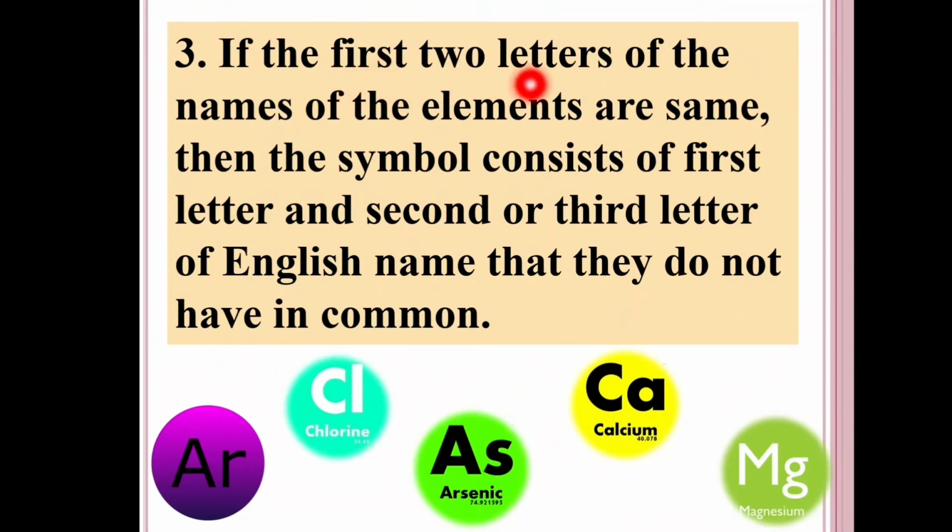If the first two letters of the names of the elements are the same, then the symbol consists of the first letter and the second or third letter of the English name that they do not have in common.